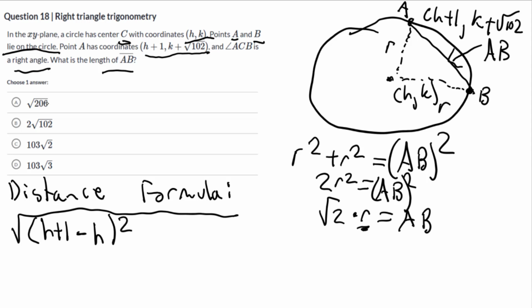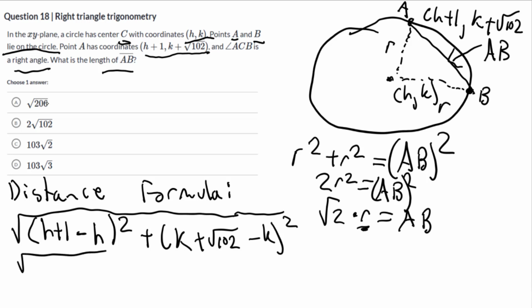We'll square this, then we'll add our k plus square root 102 minus the k from the center and square that value. This then simplifies to 1 squared plus 102. We get 103 from this, and that is our distance. So the square root of 103 is basically equal to our r.